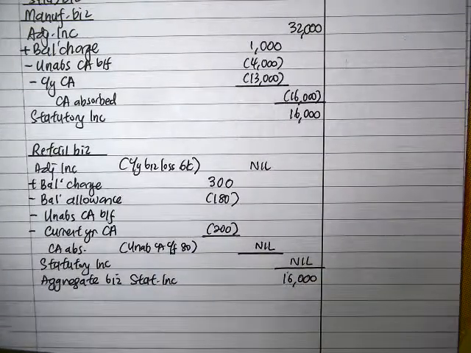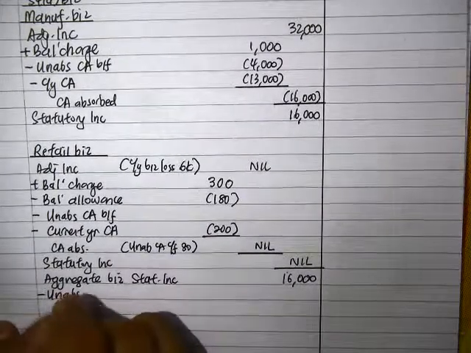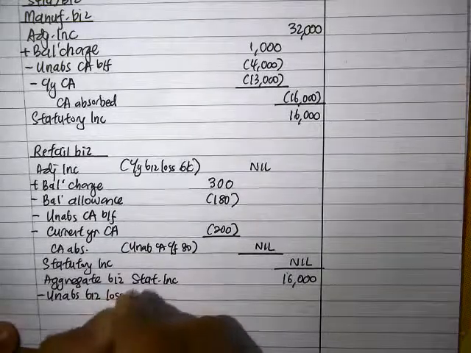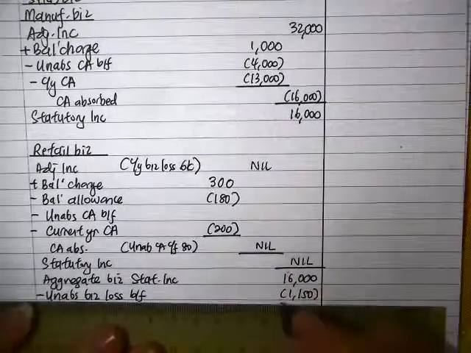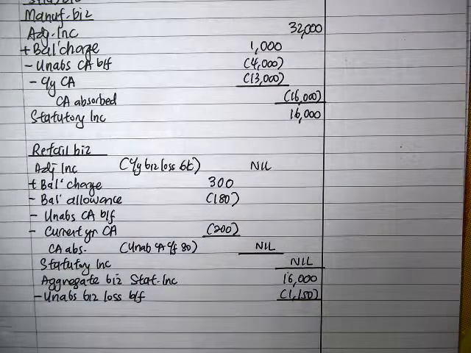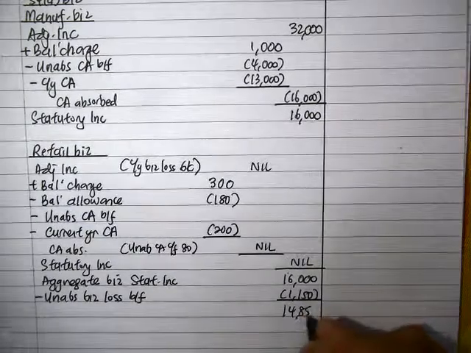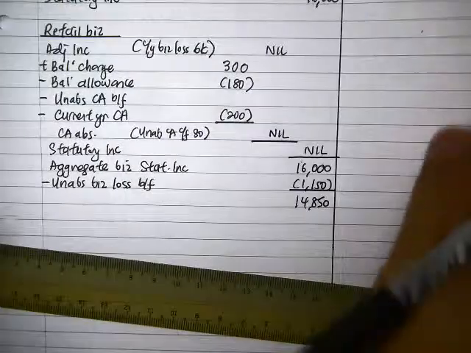Alright, now we've been told that there is this unabsorbed business loss, so you're going to minus unabsorbed business loss brought forward 1150. So you have your net business SI 14850. So now bring in your investment income.